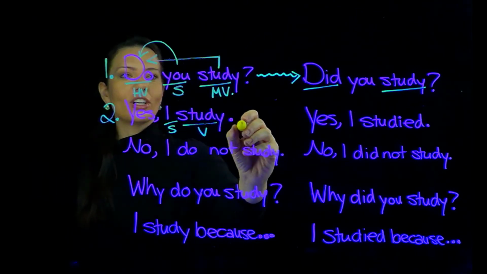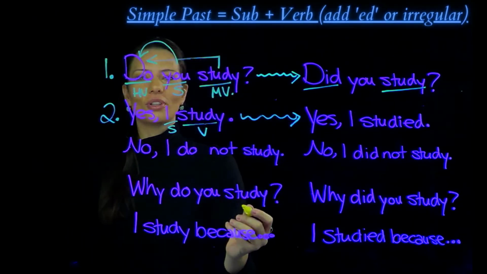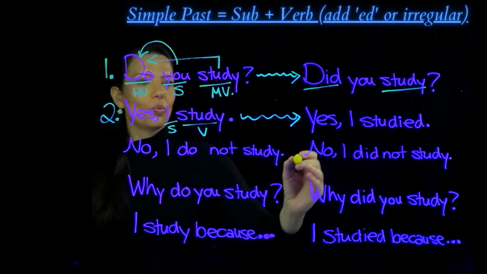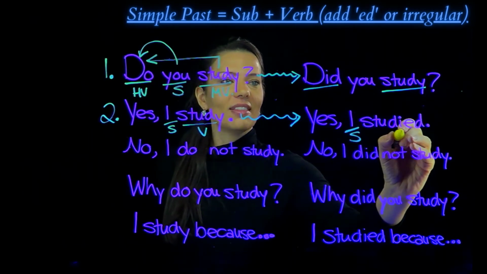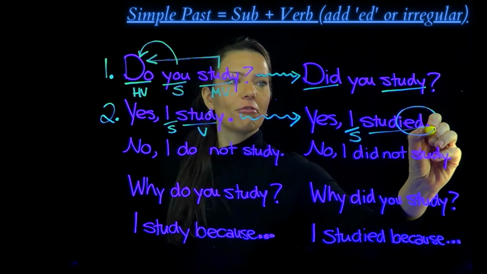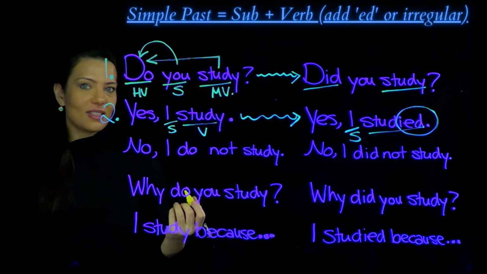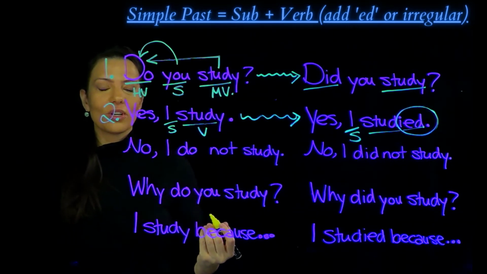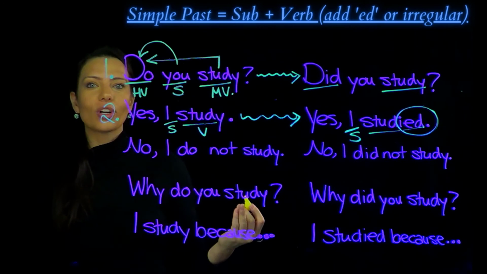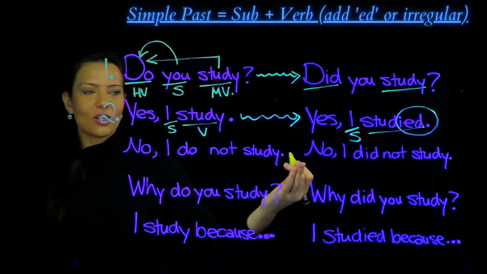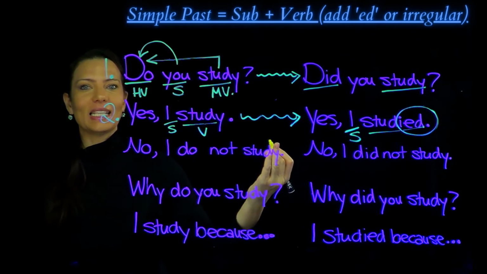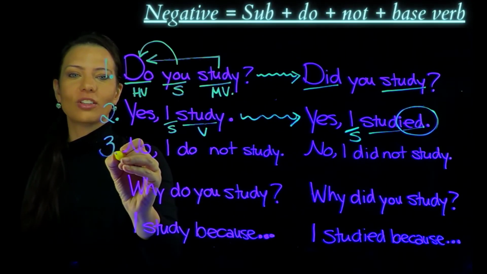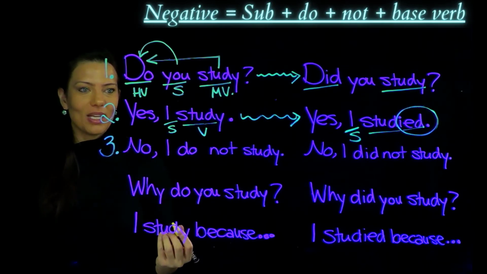Also, when we take a look at the simple past, "yes, I studied," we have the subject and then we have the verb, and that verb is in the simple past. Now remember, with simple past verbs, we could have regular or irregular verbs. This is a regular verb ending in "ed."